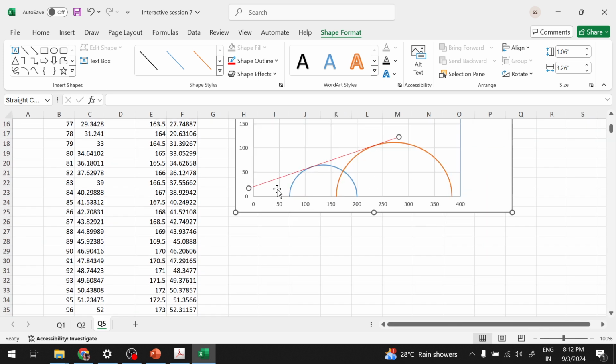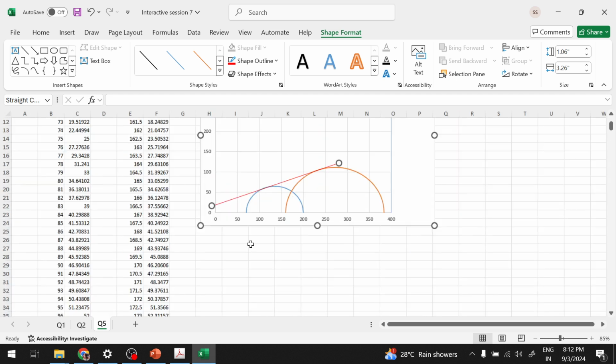And then we check for the C and phi. That is how we plot the Mohr circle.